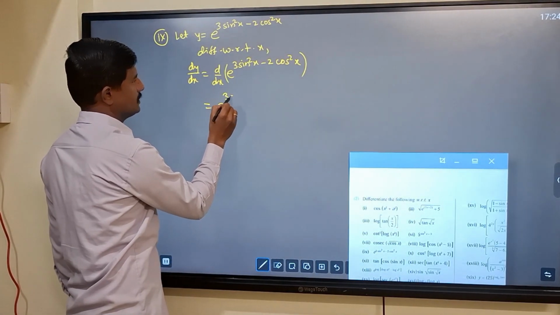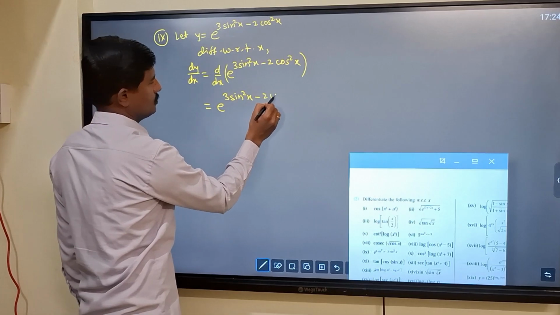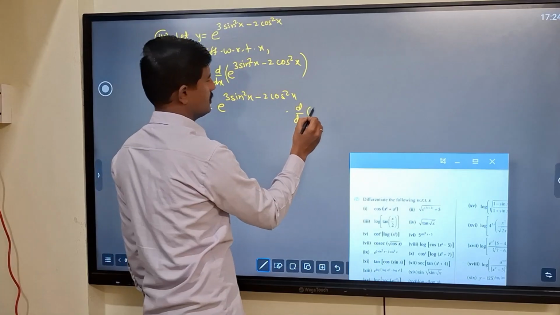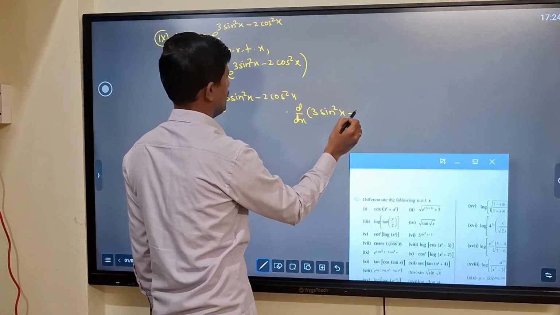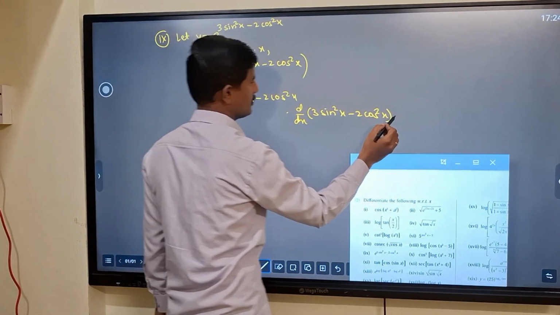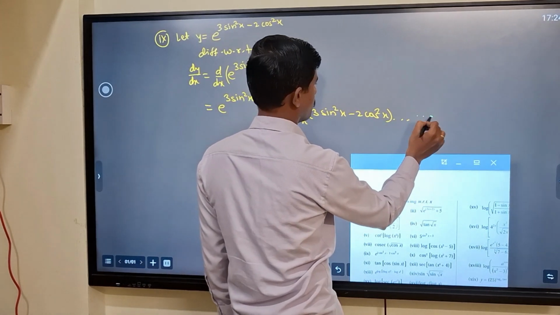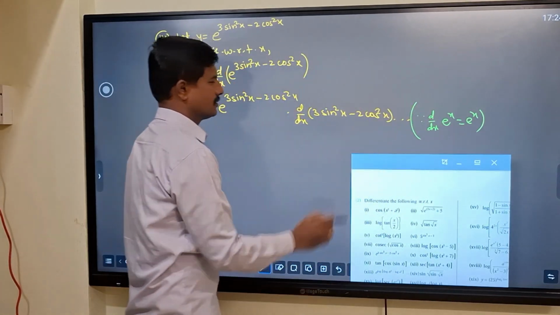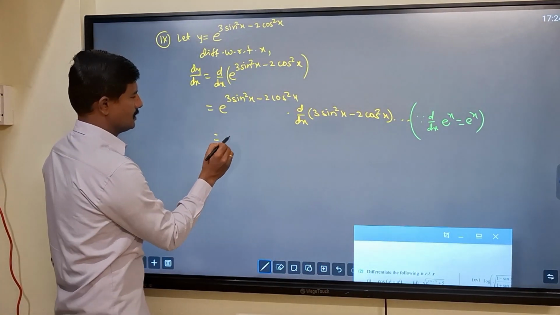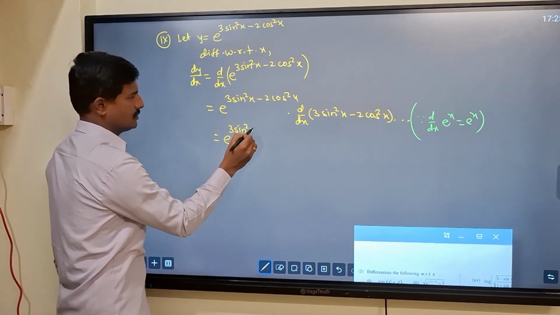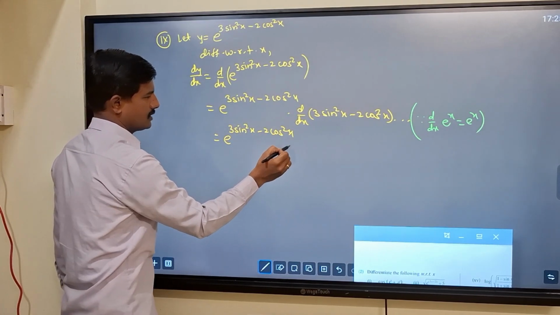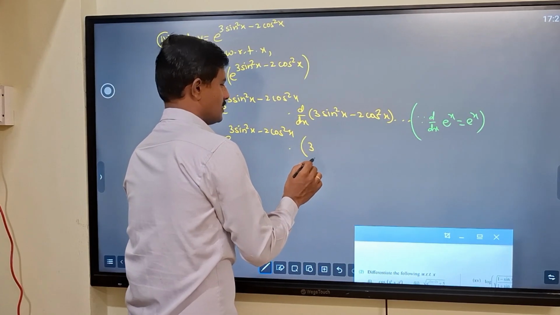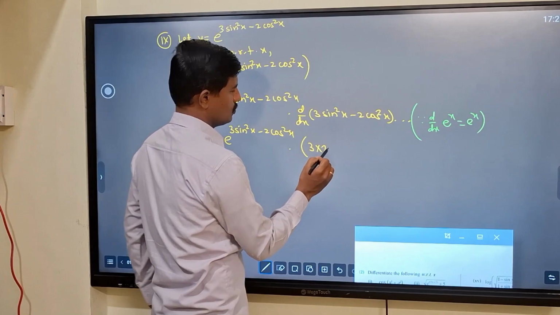This will become e raised to 3 sin square x minus 2 cos square x into d/dx of 3 sin square x minus 2 cos square x. Here we used the formula d/dx of e raised to x is e raised to x.